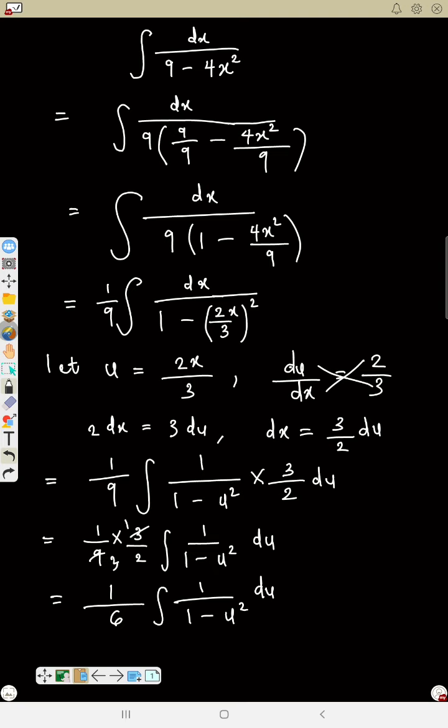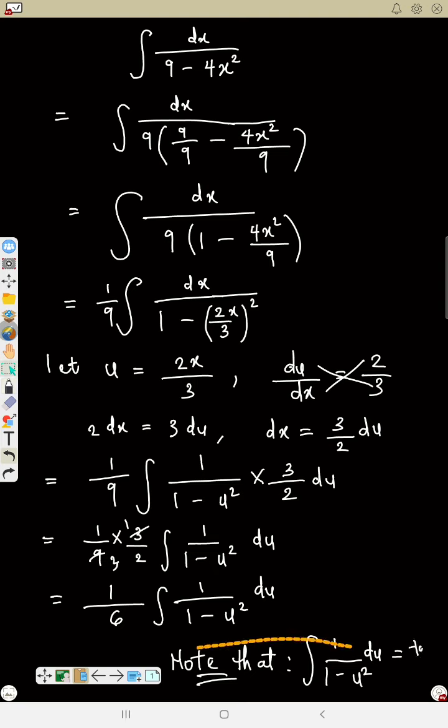So in standard integrals, note that the integral of 1 over 1 minus u squared du is equal to arctan. Let me create space for this.